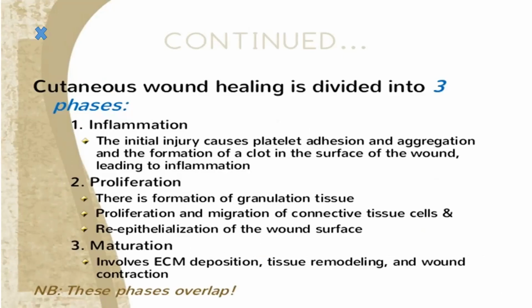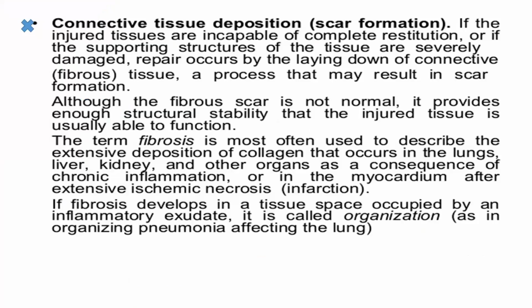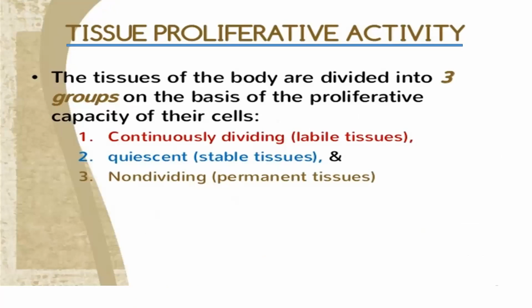Cutaneous wound healing is divided into 3 phases: inflammation, proliferation, and maturation. Tissue proliferation activity: the tissues of the body are divided into 3 groups on the basis of the proliferative capacity of their cells.